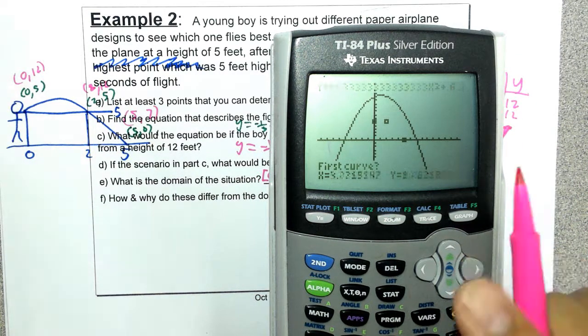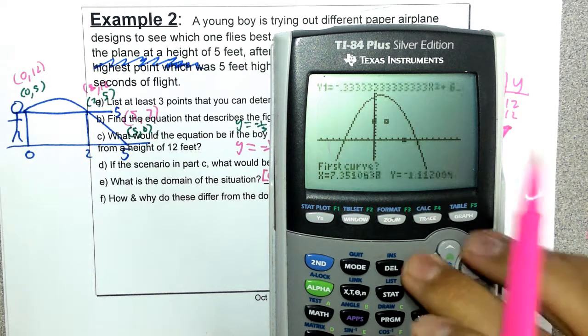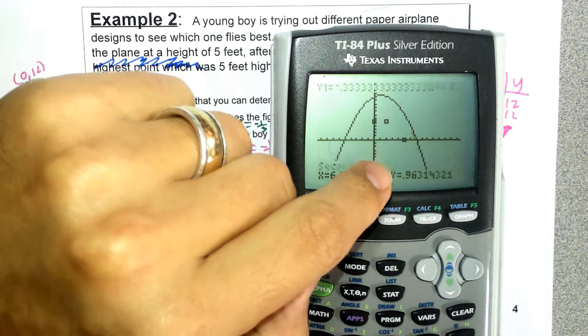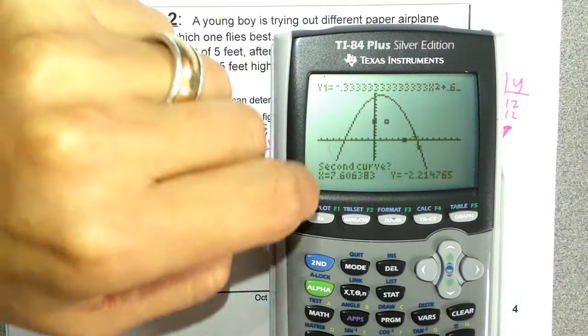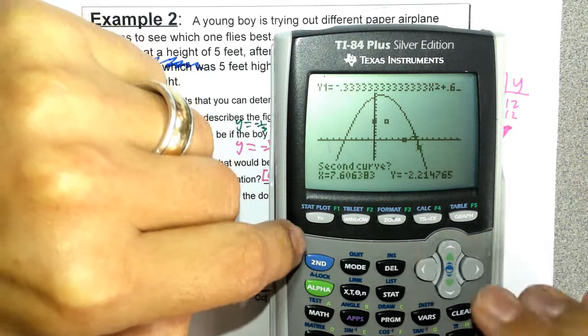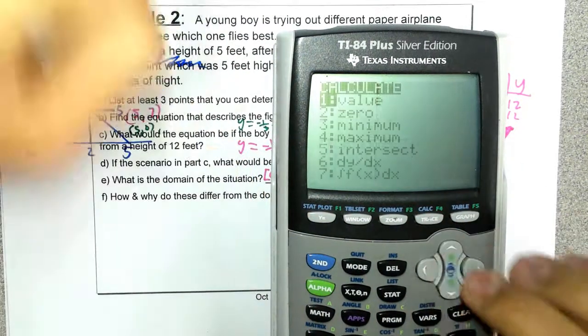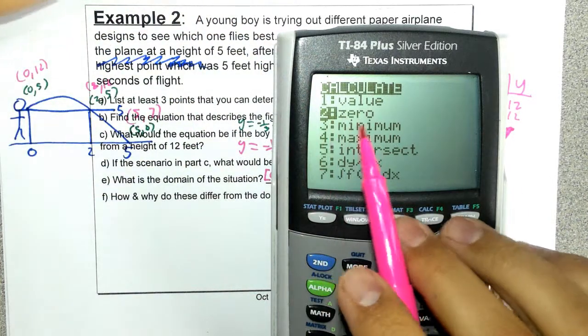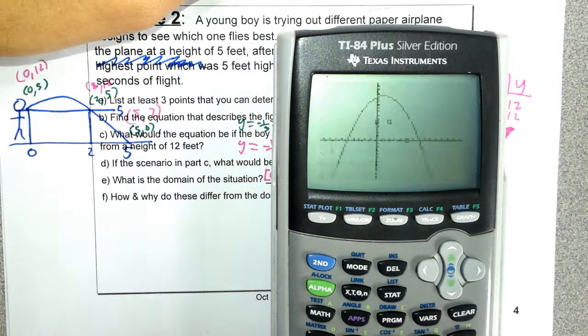So I'll move the little spider ball thing all the way over here, close to it. Oh, I don't want intersection. I'm sorry. I need the 0. 0 is where they cross the x-axis. Intersections where two meet.